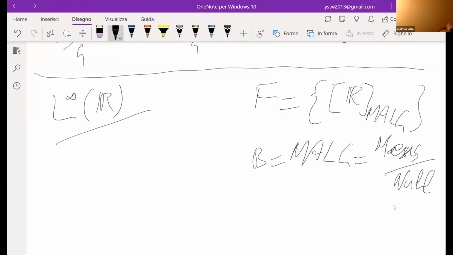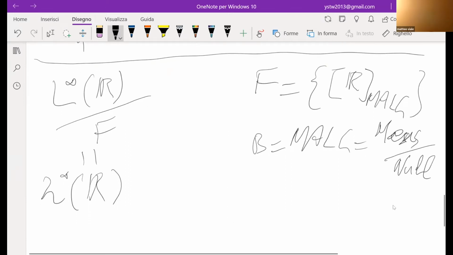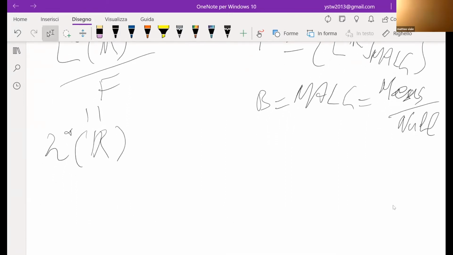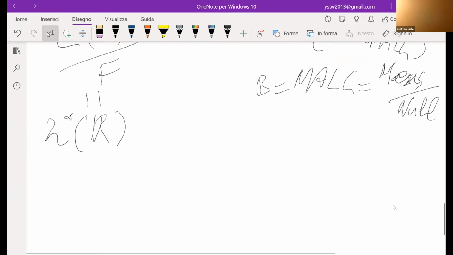If I mod out, L infinity R mod F is what is studied in the analysis courses. It's the space of essentially bounded measurable functions up to difference on a measure zero set. So here we are considering the equivalence classes of functions, not the functions themselves. Okay, so this is in case I take a trivial filter.